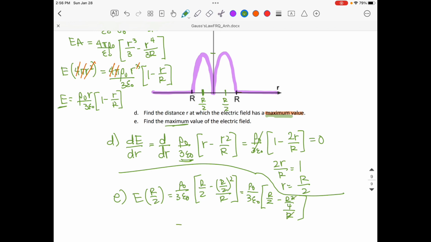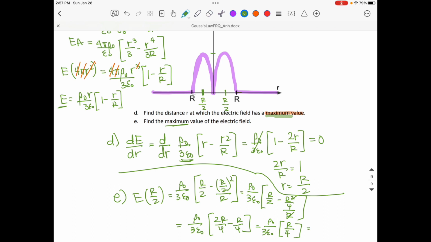And then I end up with rho naught over 3 epsilon naught. Let me get common denominators. I've got 2R over 4 minus R over 4, which gives me rho naught over 3 epsilon naught times R over 4.